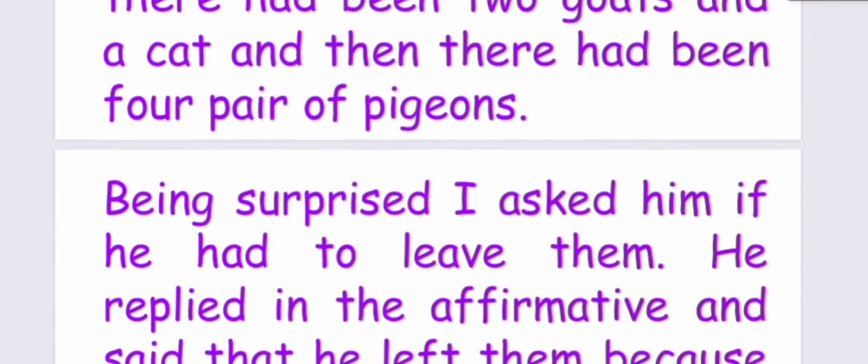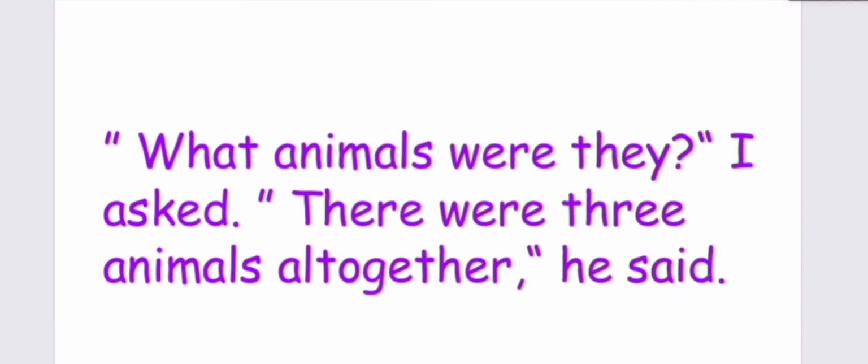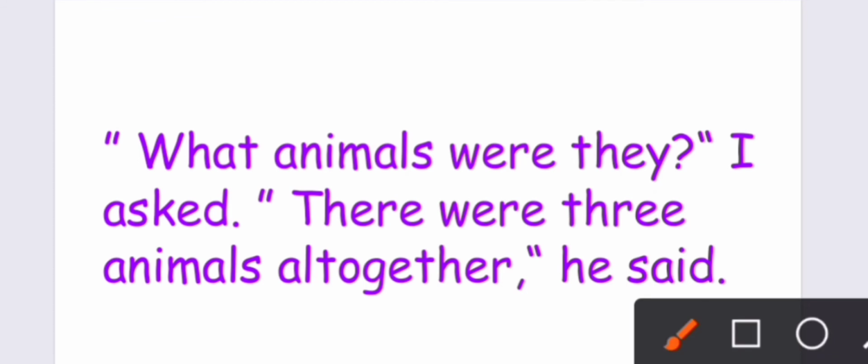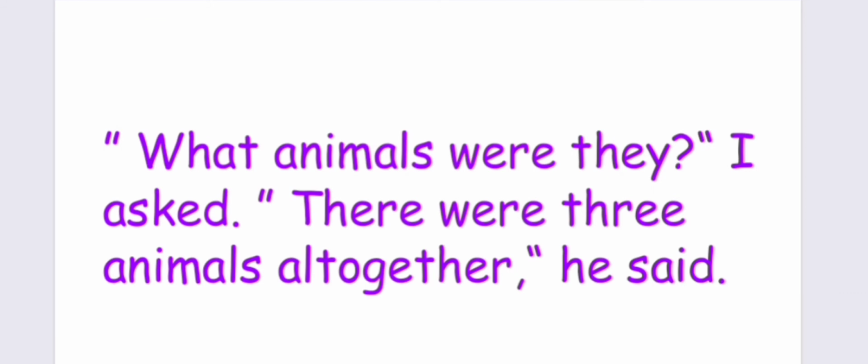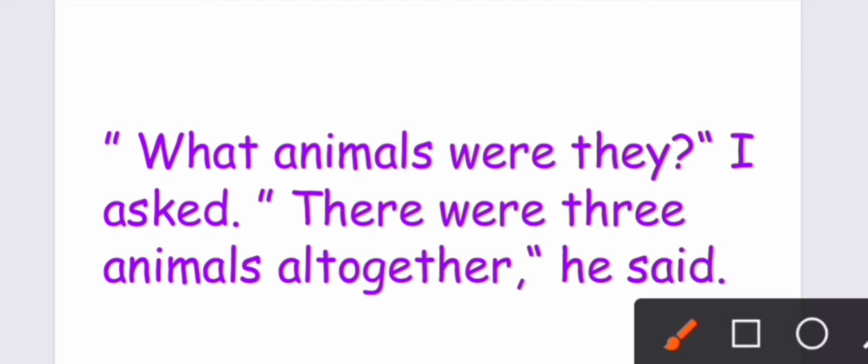Let's see the answer, as it was an interrogative sentence. So the answer is, what animals were they? I asked. There were 3 animals altogether, he said. So his reply was in the past perfect tense, and we have used here only past tense.